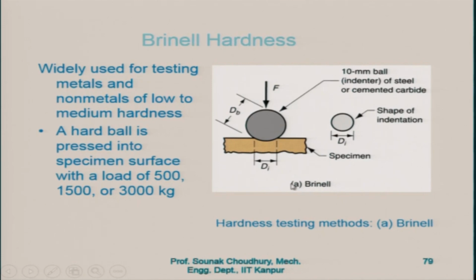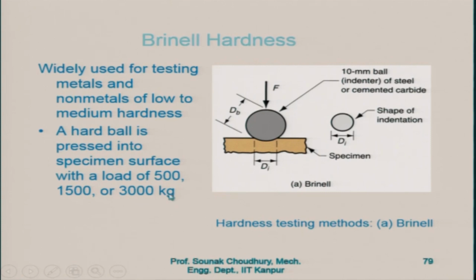It is widely used for testing metals and non-metals, of low to medium hardness normally. Now, this ball is of course a hard ball, and it is pressed against the specimen surface. The load F is normally 500, 1500 or 3000 kilogram.